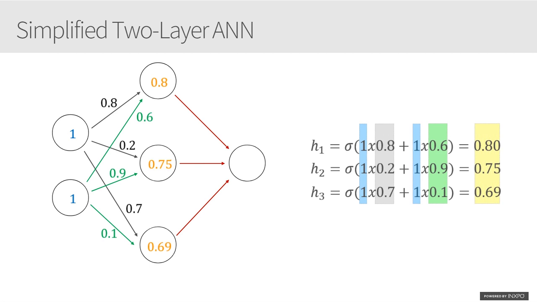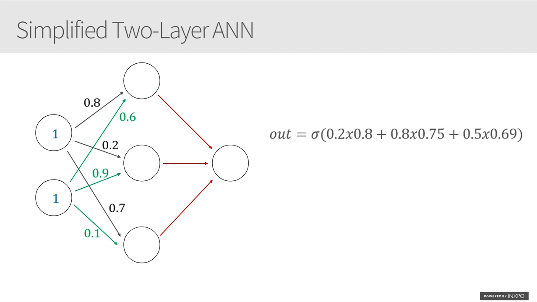Now at the hidden layer we can calculate, highlighted in yellow, 0.8, 0.75, and 0.69. Now that we've established that, let's apply the weights from the hidden layer to the output, highlighted in red: 0.2, 0.8, 0.5. Same calculations we did with the sigmoid neuron, except now we're applying it at the network level, not just at the neuron level.